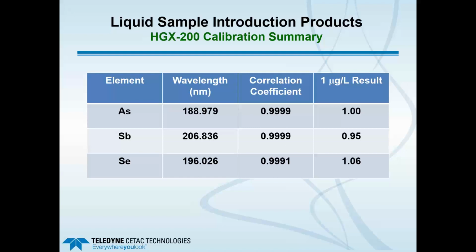They need to be at least 0.995 to be useful for analytical work. The system certainly met that, and the recovery of a 1 ppb standard, reading that back against the curve again, was excellent, all right around within 5-6% of 1 ppb for arsenic, antimony, and selenium.